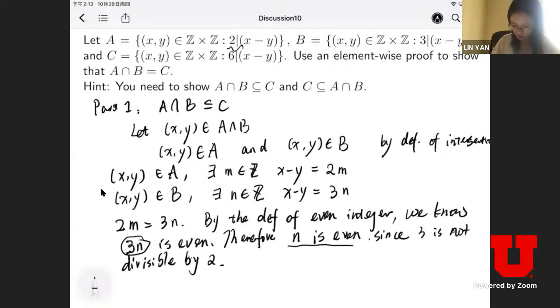Because n is even, we have an integer l such that n is equal to 2l.